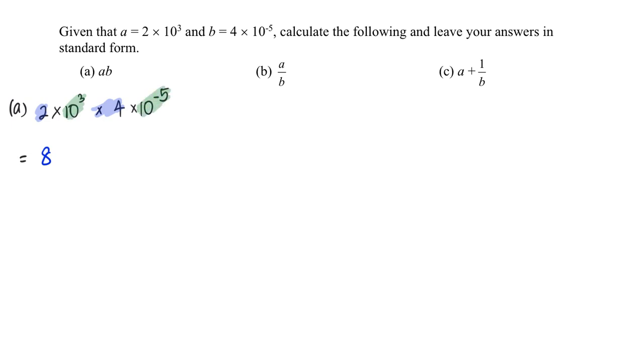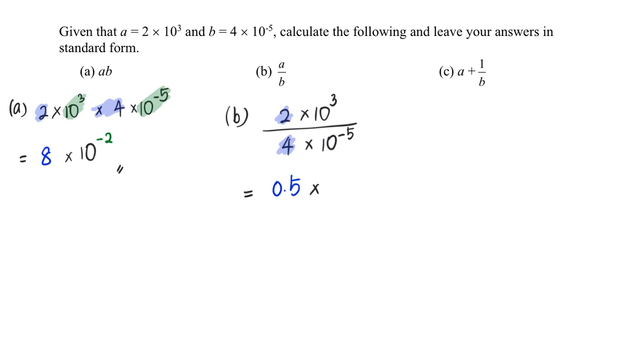What do I do to the power? Very good, I add them, and that will give me negative 2. And that is indeed the standard form. So for part B, now I'm going to have A divided by B, so meaning 2 times 10 power 3 divided by 4 times 10 power negative 5. 2 divided by 4 will give me 0.5 times my 10.